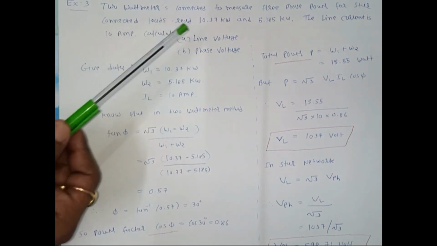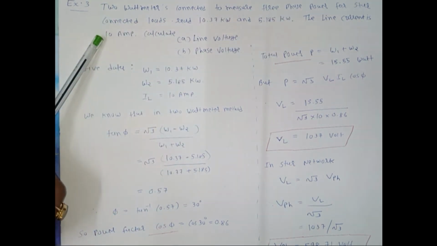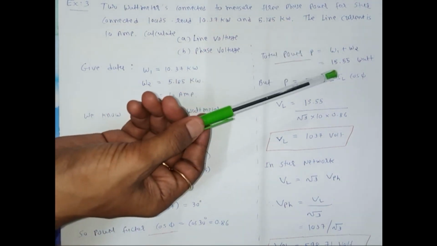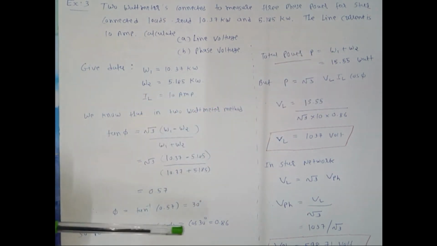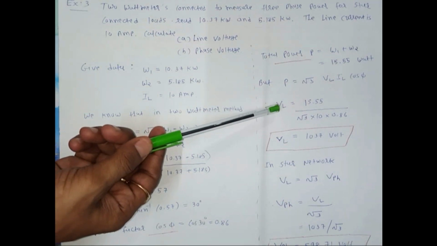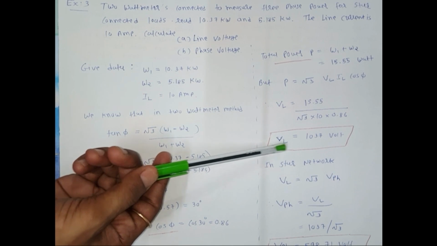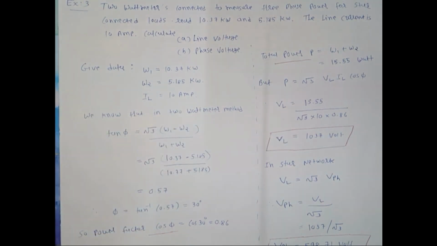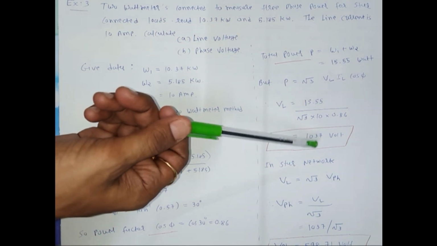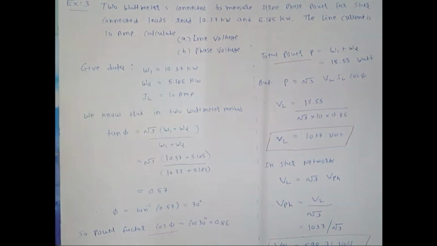IL is given, line current is 10 ampere. And cos phi we have found equals 0.86. So VL equals 1037 volt. This is the line voltage, VL equals 1037 volt.